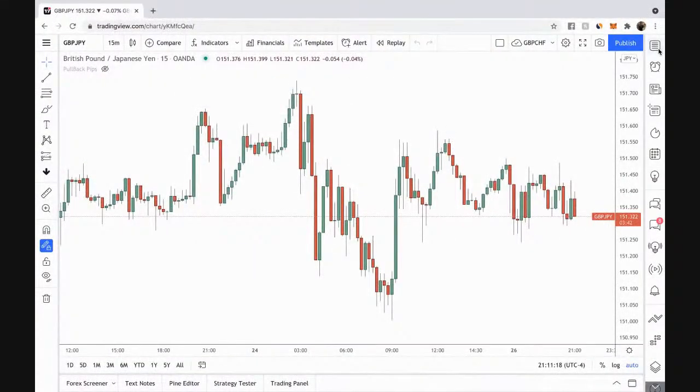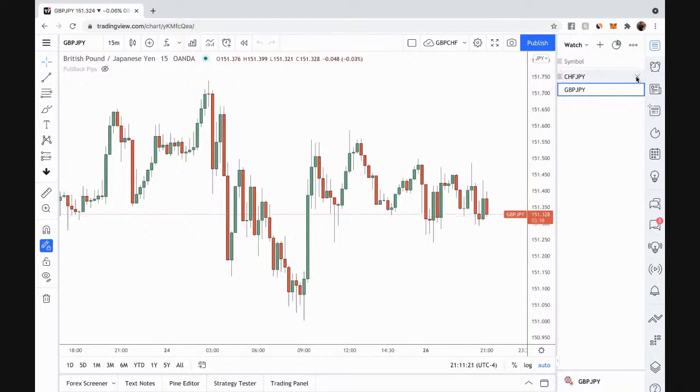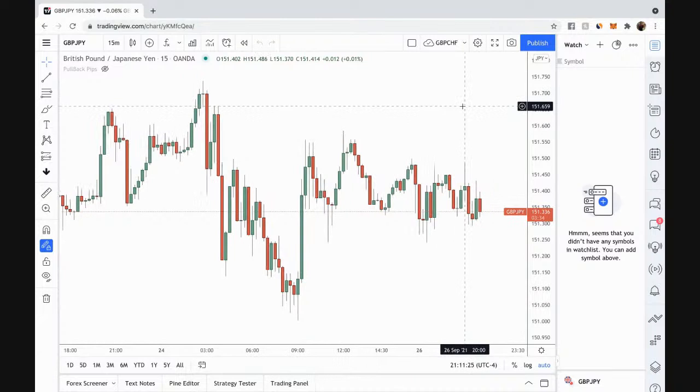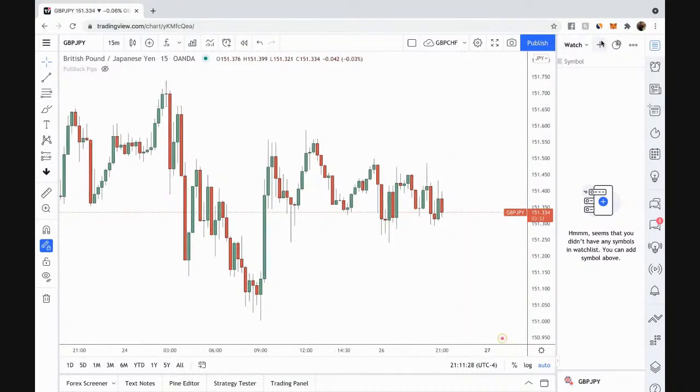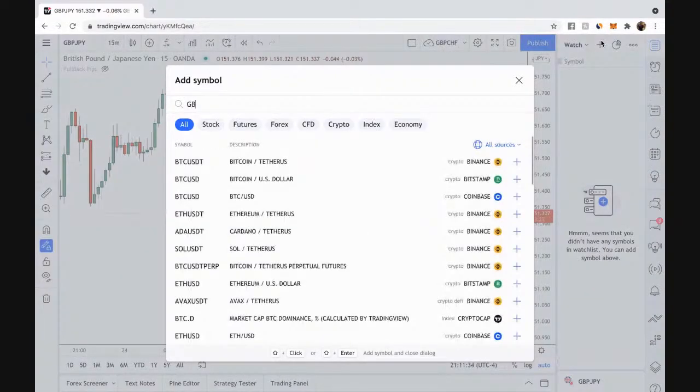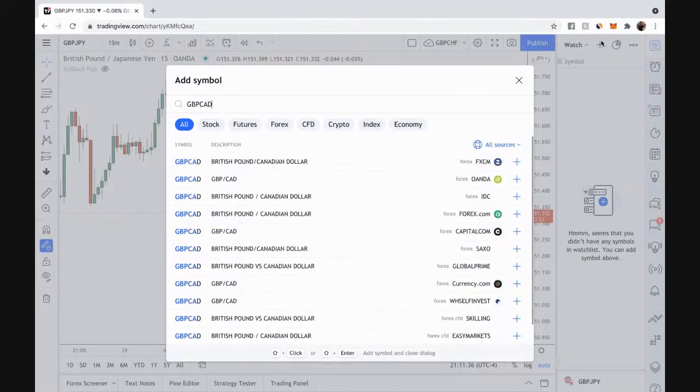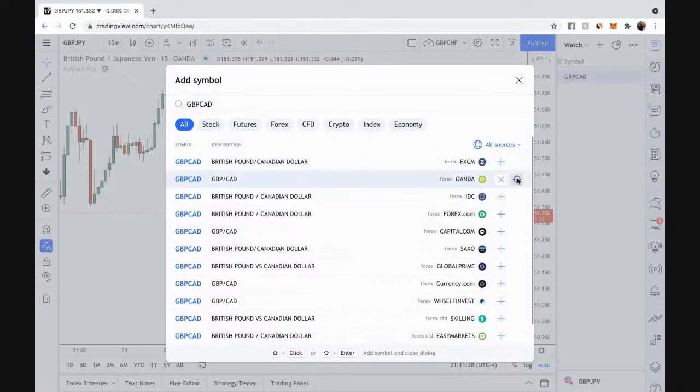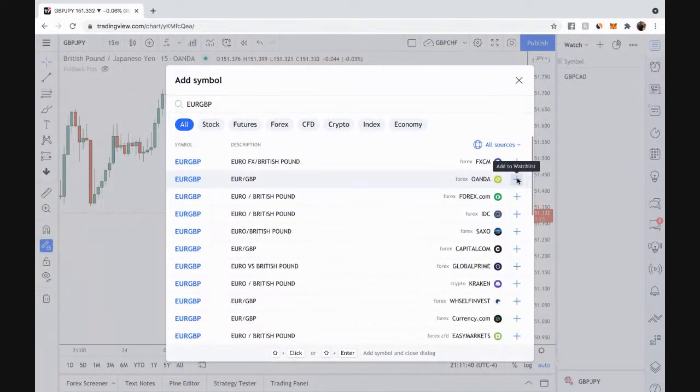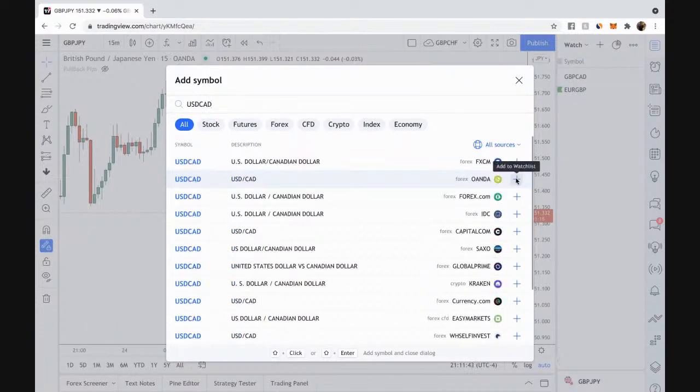So for starters, I want you to let me know what currency pairs you guys are looking at. I'm here to help you win. I'm here to help you dominate. So I want you guys to drop which currency pairs you are looking at today, this week. Me personally, I'm going to tap into some of my GBPs. We got GCAD, we got Euro GBP, USD CAD.